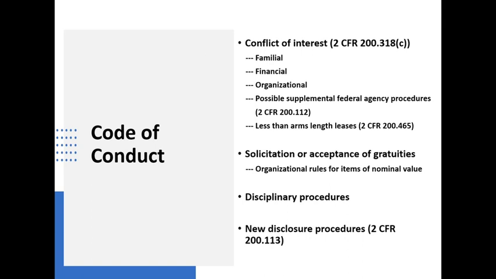Now, the second aspect of Code of Conduct has to do with solicitation or acceptance of gratuities. And OMB says that a non-federal entity shall neither solicit nor accept anything of value from a contractor. But then they turn right around and say that an organization can set parameters related to items of nominal value.